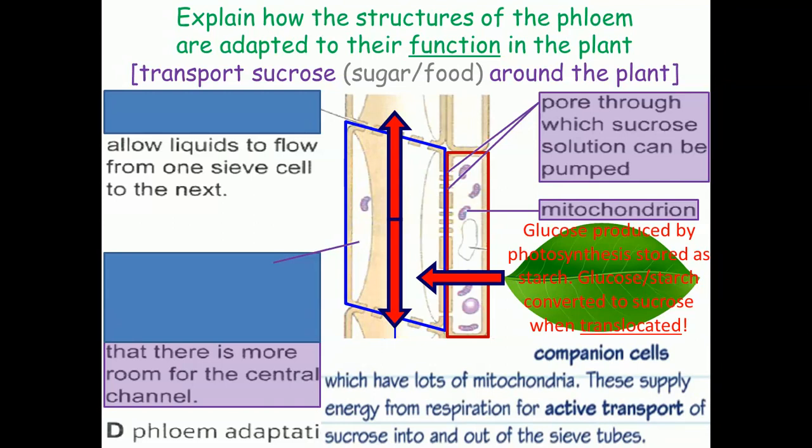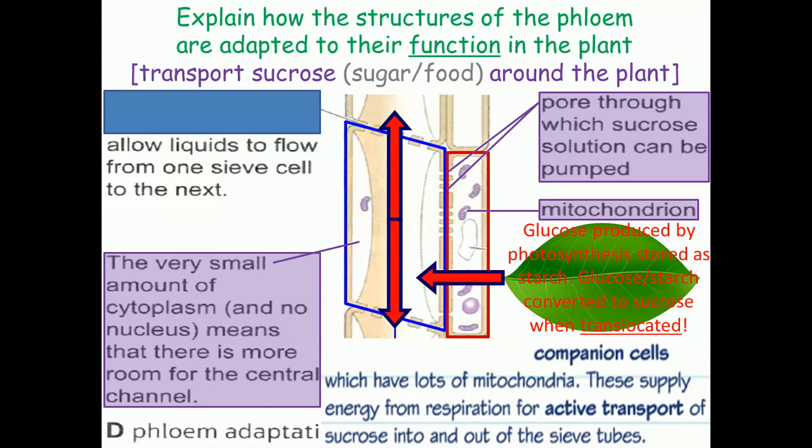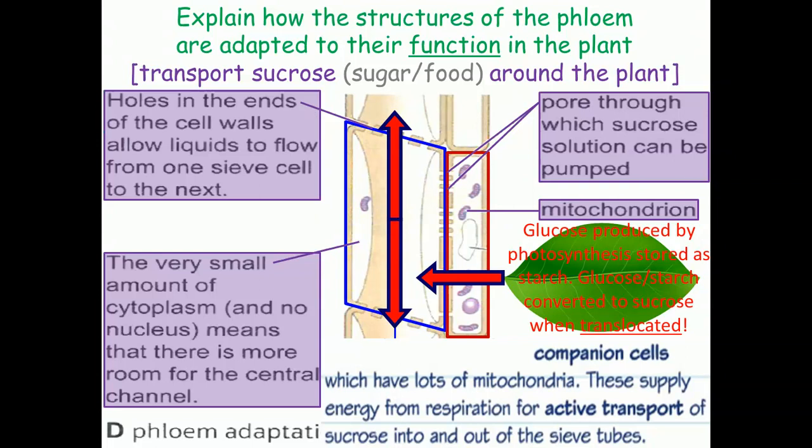And there is more room for that to occur because those phloem sieve cells have a very small amount of cytoplasm and they have no nucleus, and that creates space for the sucrose to move through the phloem sieve cells. Also, in between two phloem sieve cells, you have got holes or pores in the cell walls, and that makes it easier for the sucrose to translocate from one sieve cell to the next.